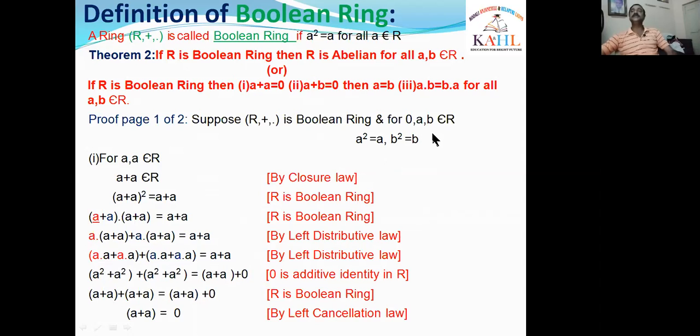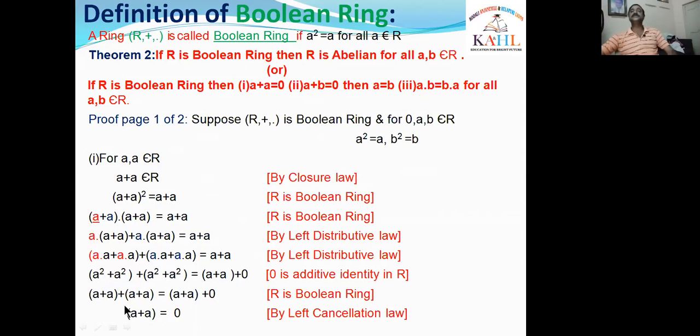We have learned that A is in R, and R is a Boolean ring, that's why A square is equal to A. So we can write A square as A. Here also A square is A, plus A square is A, so A plus A equals A plus 0, and the RHS condition is the same.